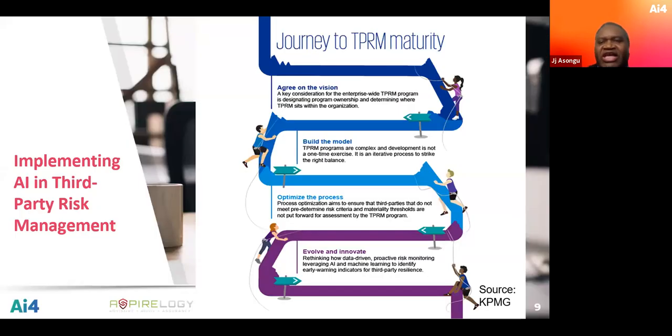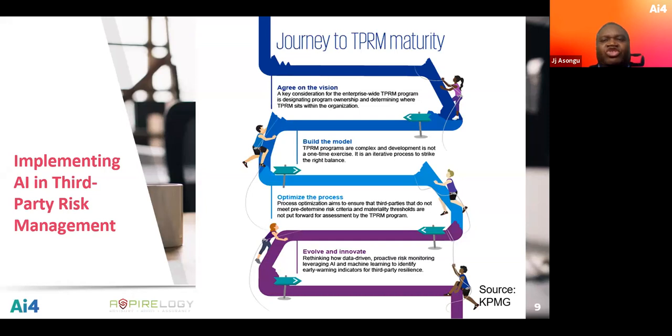Organizations have different types of risk management systems, and some organizations have really mature systems, while some are still struggling to establish a third-party risk management system.